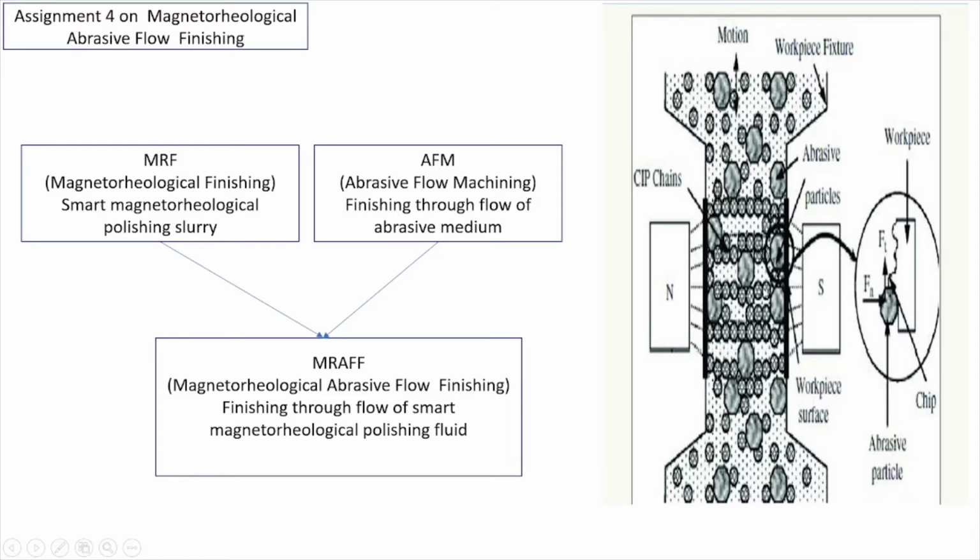The extrusion of the MR fluid through the passage formed in the workpiece fixture is accomplished by driving two opposed pistons in the cylinders using hydraulic actuators, operated in the desired manner with the help of hydraulic circuits.